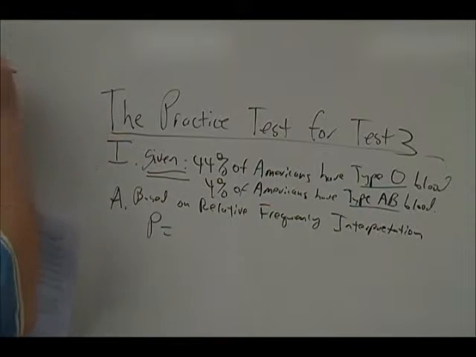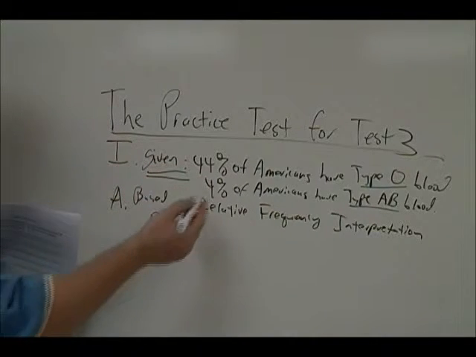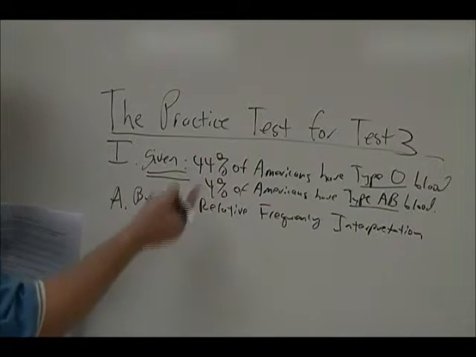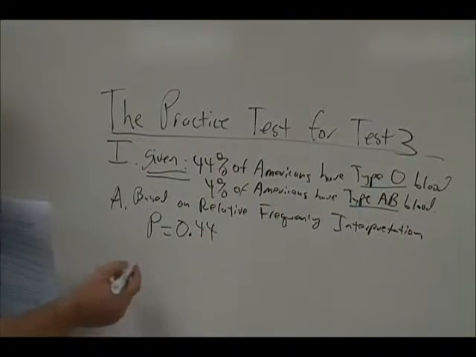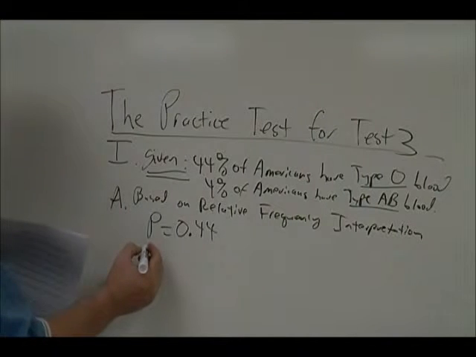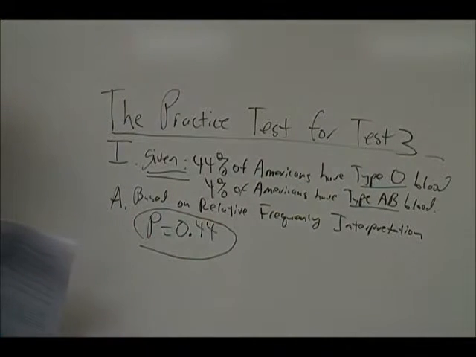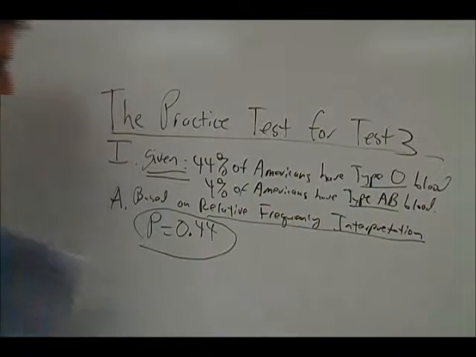So all we have to do is take the given relative frequency as a percentage and just divide by 100 or move the decimal place 2 places to the left, and the probability then becomes 0.44. So the answer to part A is probability equals 0.44, which is the relative frequency of occurrence for type O blood, and that's based on relative frequency interpretation.